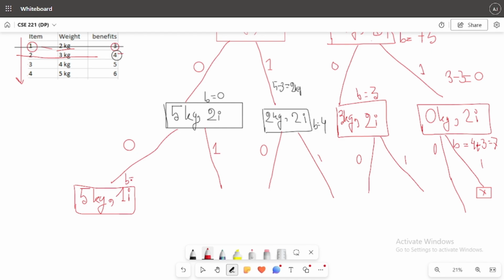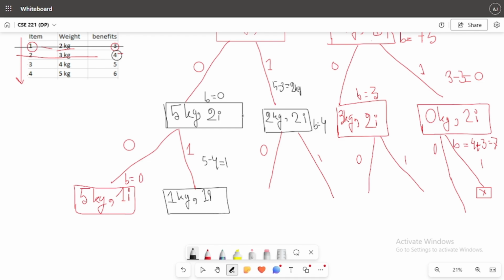Our benefits is again 0. If we pick, what will happen? If we pick item number 3, it is 4 kg, right? So 5 minus 4 is 1, right? So it will be 1 kg, 1 item, because 2 minus 1 is 1, right?